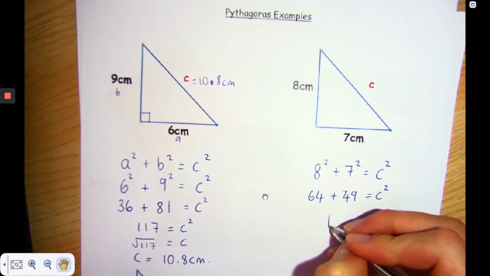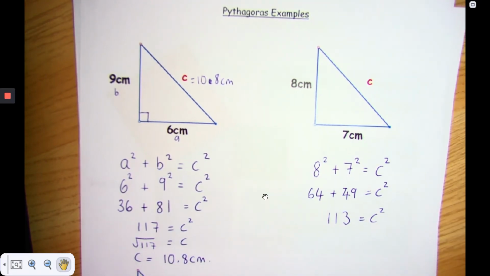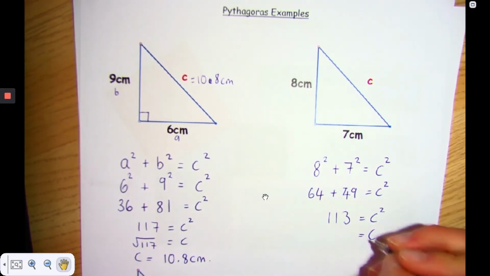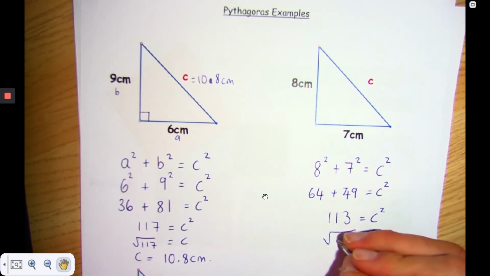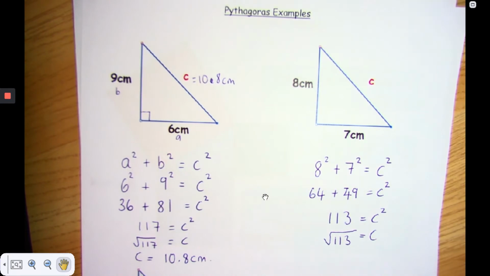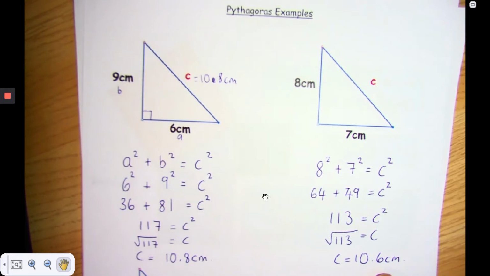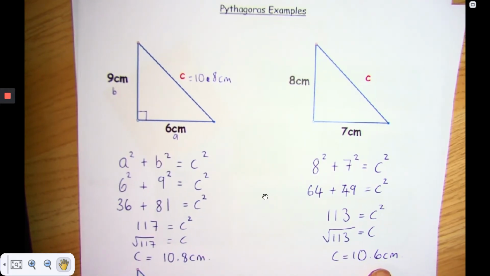And c is therefore the square root of 113, which is the opposite of squaring. So the square root of 113 is 10.6 to one decimal place, and it's really useful and important that we put units on our answers, just so we get used to knowing that we are working out a length. So the length of that is 10.6 centimeters.